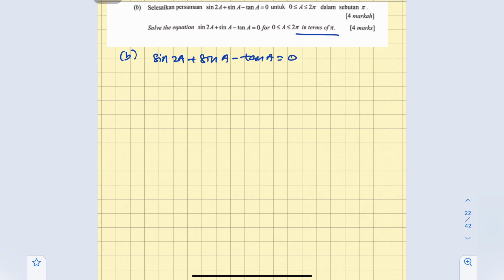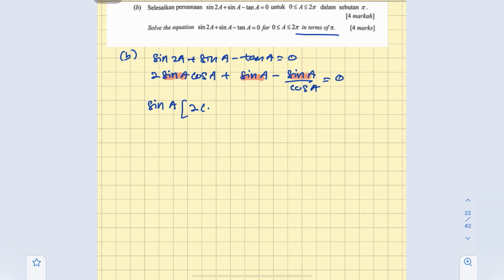Okay, so sin 2a is 2 sin a cos a, plus sin a, minus tangent, which is sin over cos, equals to 0. Okay, so then here we got sin a, and we can factorize sin a.